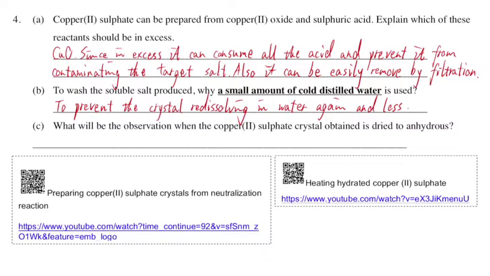That's because it contains water in the salt to form a complex ion. However, if we dry it to anhydrous, meaning there's no water present in the sample, then the color would change to white. So it would no more be a blue crystal, it's going to turn white.